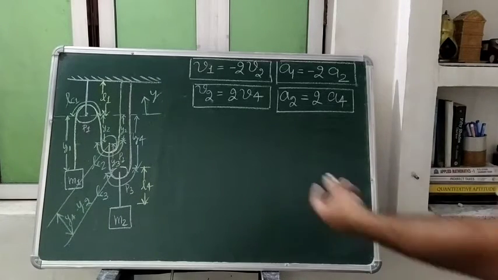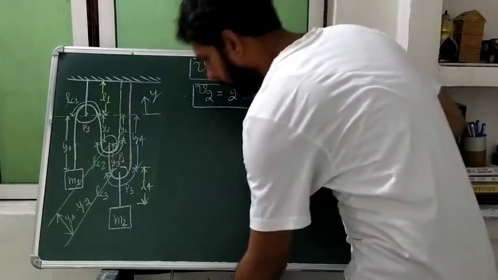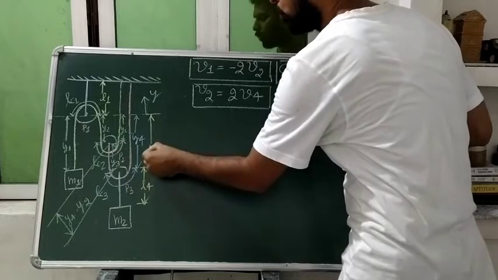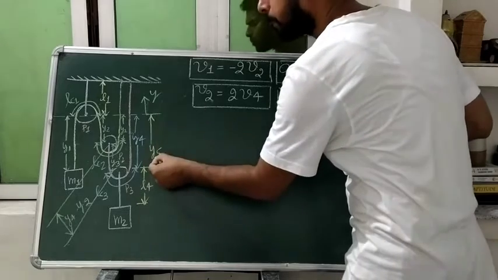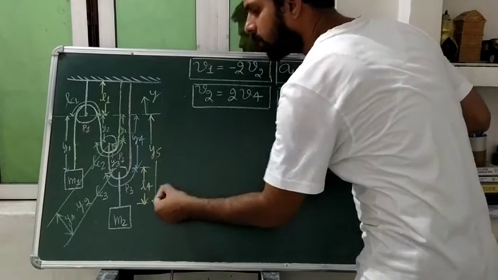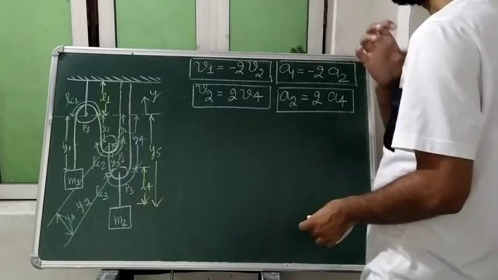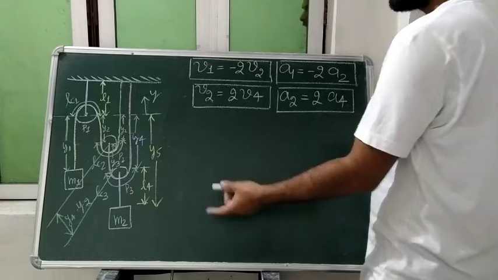So we have reached up to here, students, and suppose I am saying that this one is the length y5 from the datum of this block M2. So how can we write this y5?